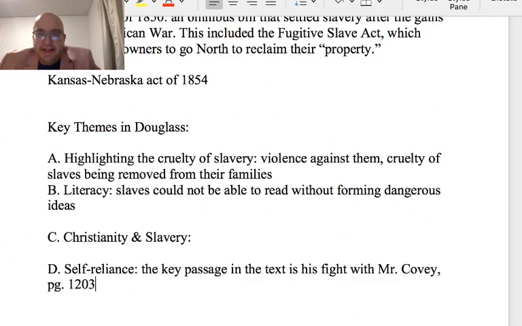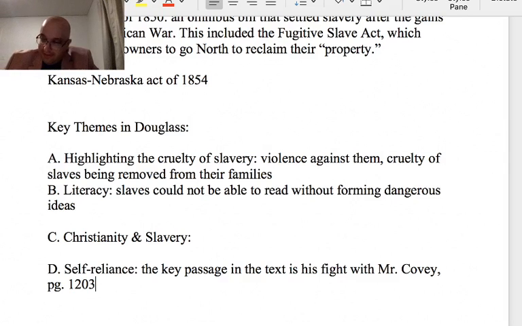He uses some kind of superstitious string, saying that nothing bad will happen if you carry the string. But Covey acts fine until a couple of days later. He tries to bait Douglass, trips him, and tries to beat him.